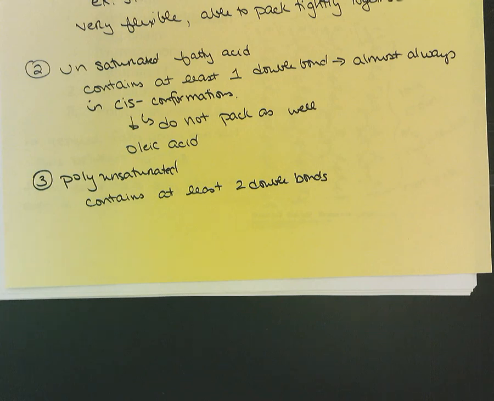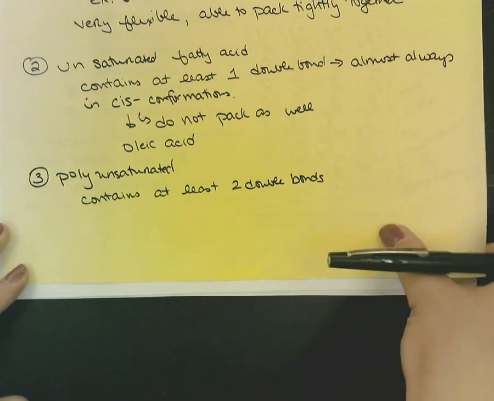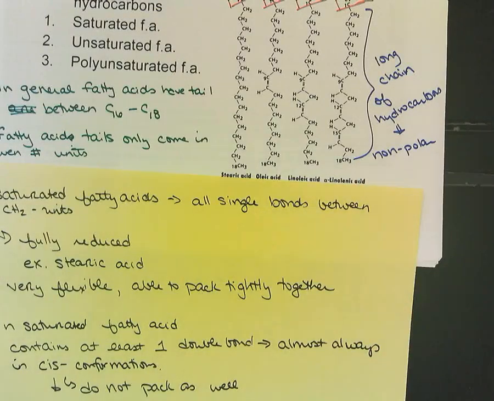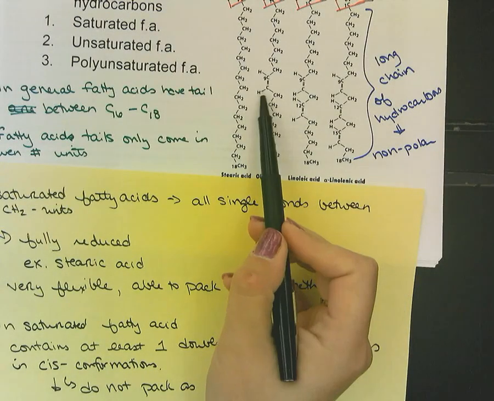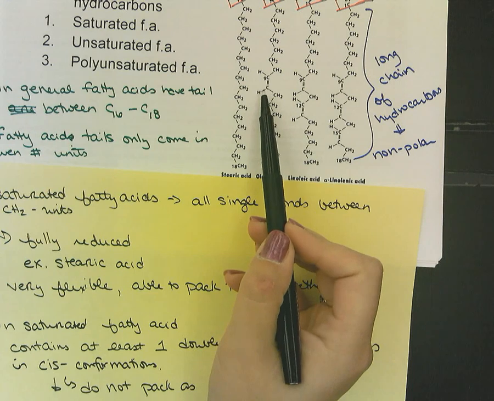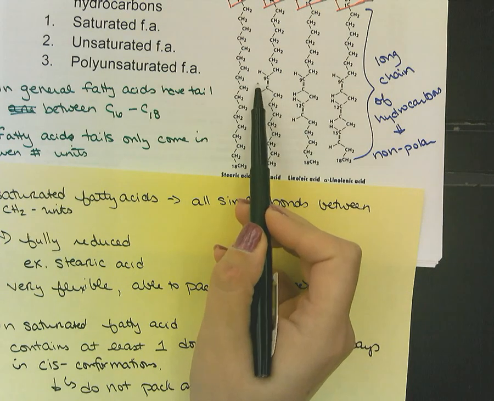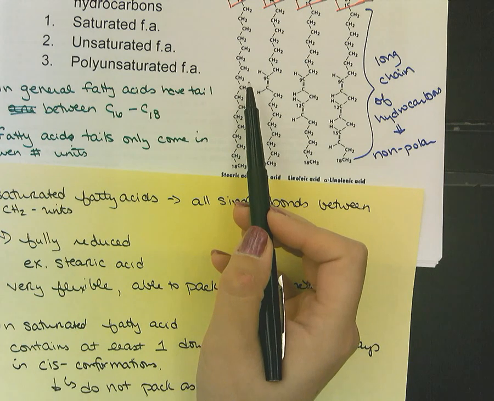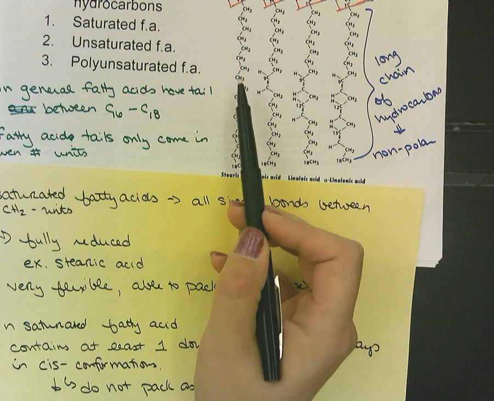Now, for a polyunsaturated fat, because of the way the fatty acids are made, the double bond can come no earlier in your chain than C9, which is why they're showing that in the figure. C9 is the first place you can have a double bond. It comes from the way that they're made, that this is the first option available. So double bond starting at C9.